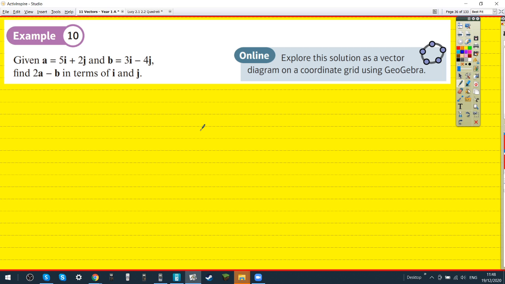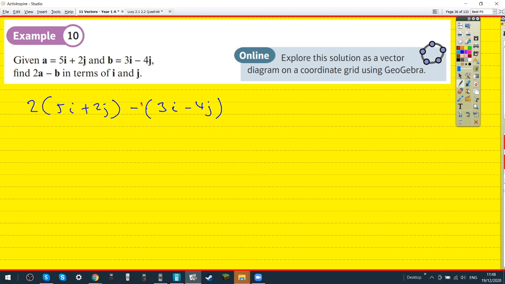So it'd just be 7i, I think. Yeah. So, write it out. What is the working out? I got 2 brackets 5i plus 2j minus 3i minus 4j. I see. So minus, and that one is in a bracket, 3i minus 4j. Might not be the best example.